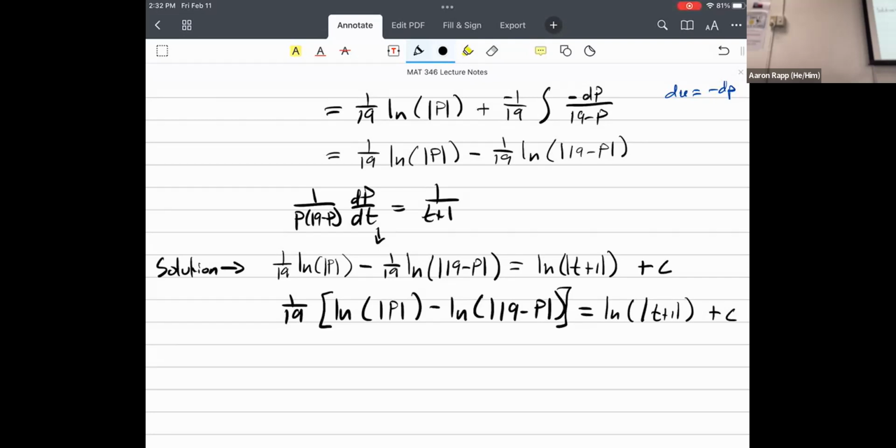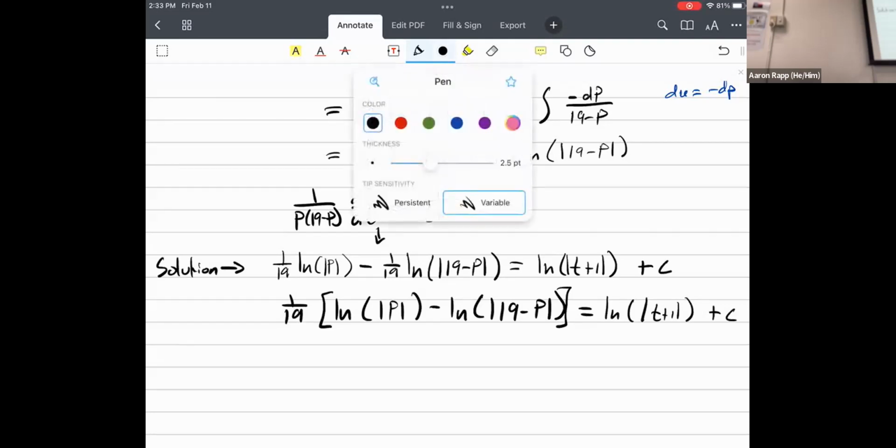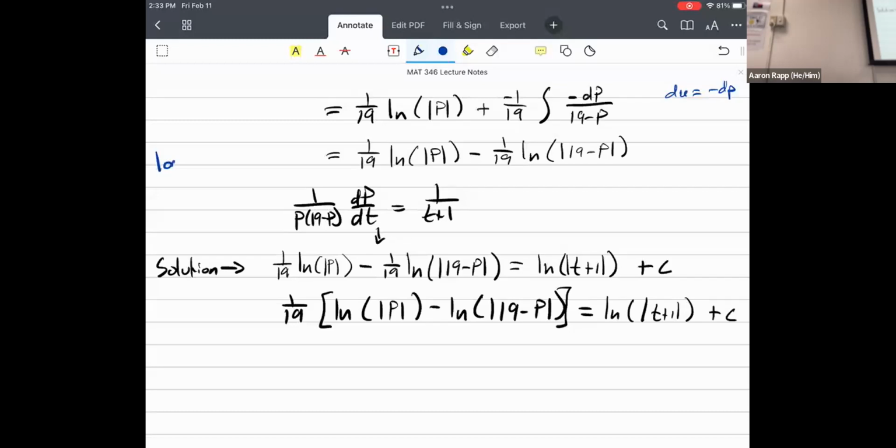All right, I need to combine those two natural logs on the left-hand side. There's actually a property of logarithms that deals with the difference of logs. Anyone happen to remember? Yeah, it deals with division.